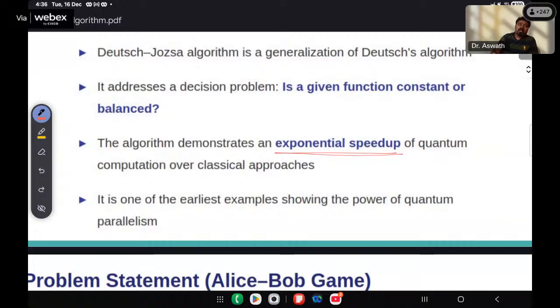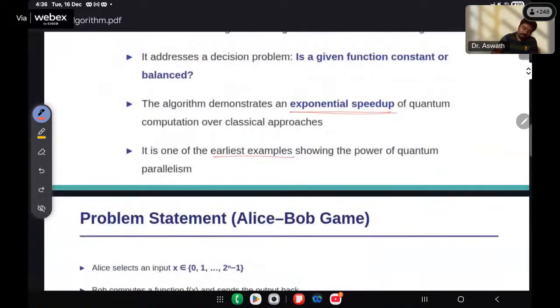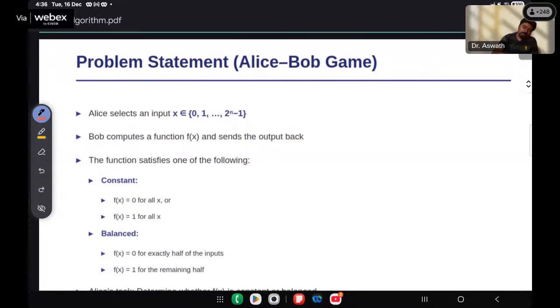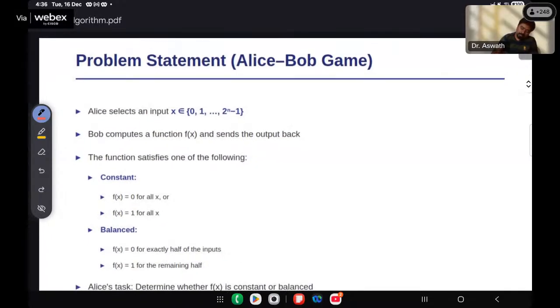It is one of the earliest examples showing the power of quantum parallelism. Now let's get back to the problem statement. What is that? Let me use my hand notes.